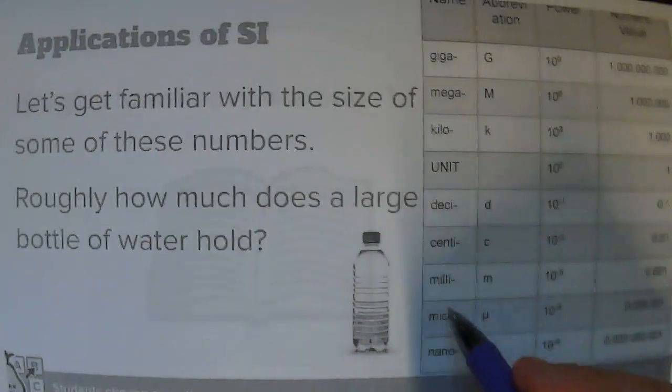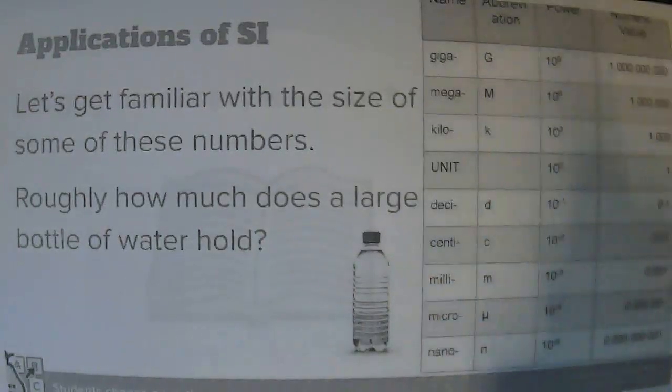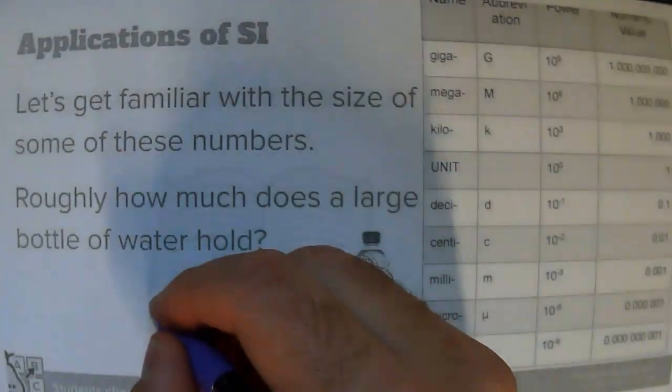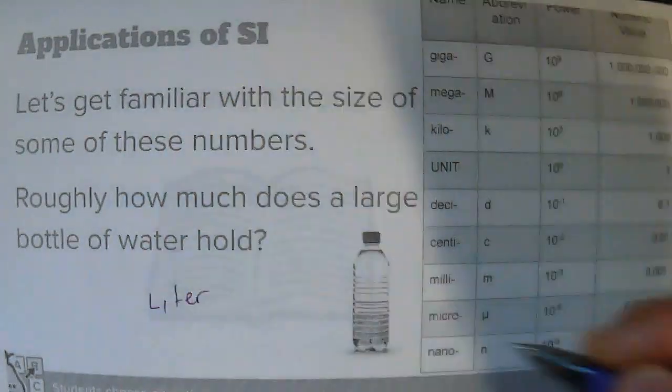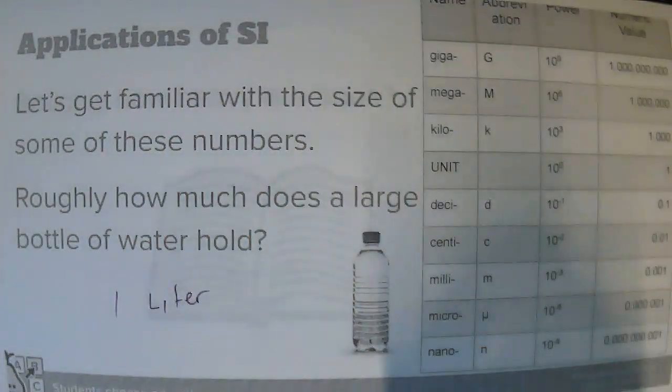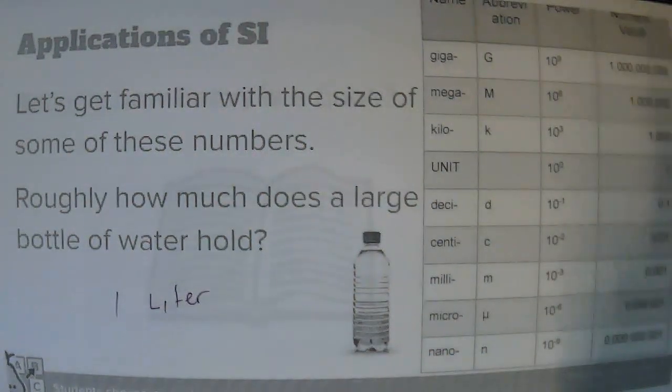A bottle of water does not hold a milliliter or a microliter, and it also doesn't hold gigaliters. A bottle of water just holds a plain old liter. A big bottle of water is about 1 liter.